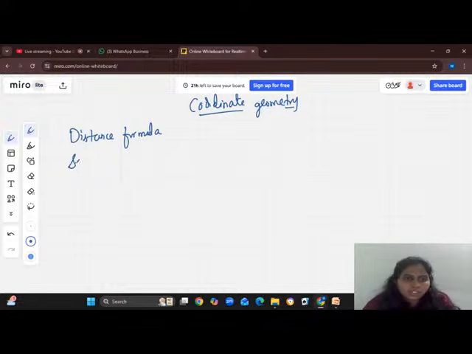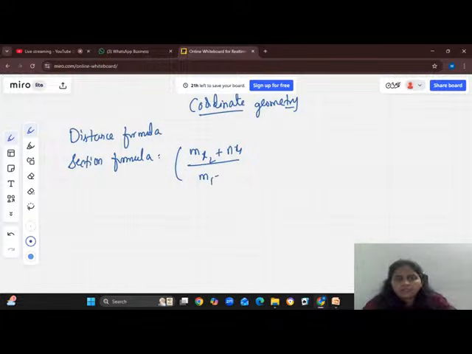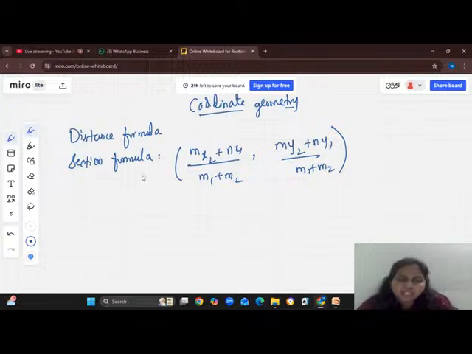Now we are studying the section formula. The section formula is (m1x2 + m2x1)/(m1 + m2), comma (m1y2 + m2y1)/(m1 + m2). So this is the section formula where m1 and m2 are the ratio.